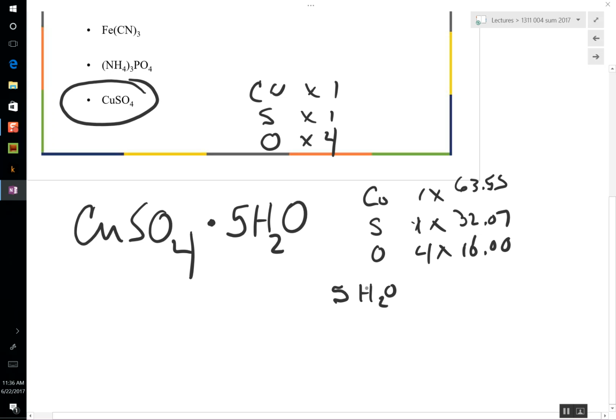If you want to just take them together, we should be getting used to the fact that water is about 18.02 grams per mole. This has 5 of them. If you add all that up, now you have the molar mass of copper sulfate pentahydrate.